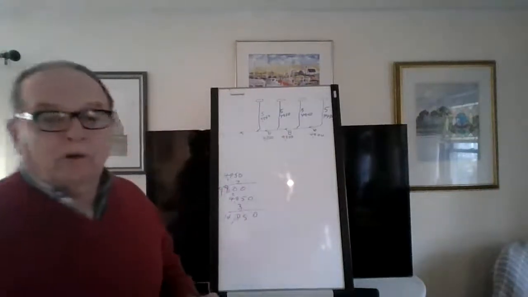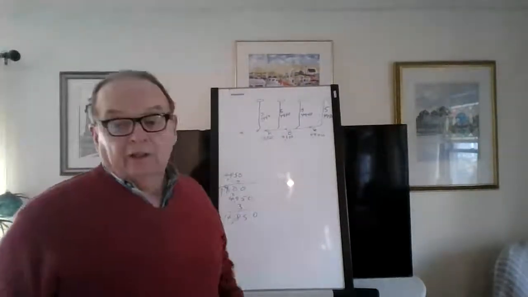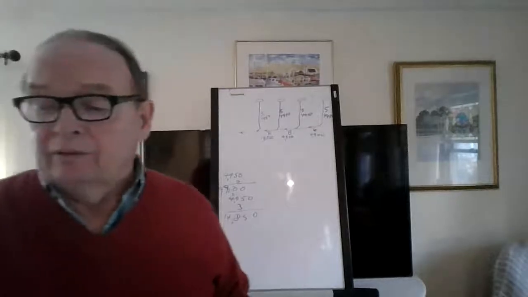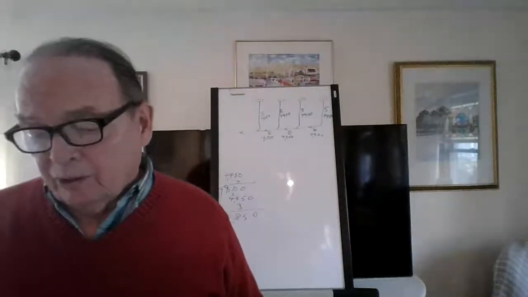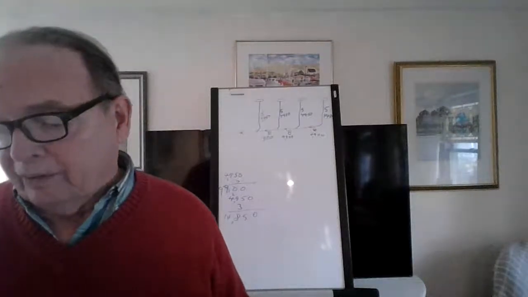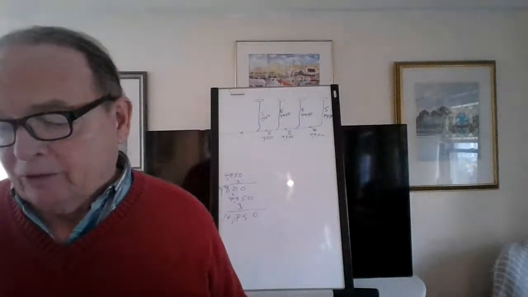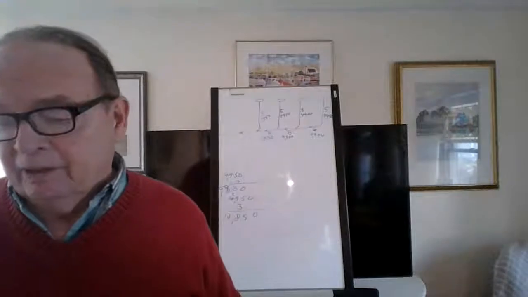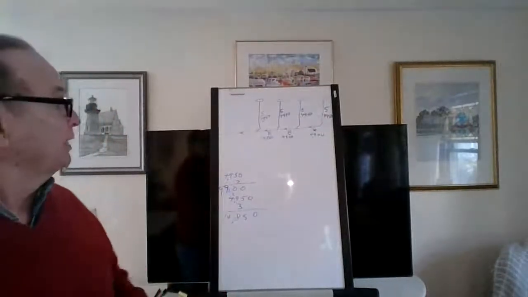Okay, you're wondering why is this 8 and this 8? Well, 8 inch covers a lot of ground. Okay, 8 inch goes up to 16,300. It goes from 7550 up to 16,300.